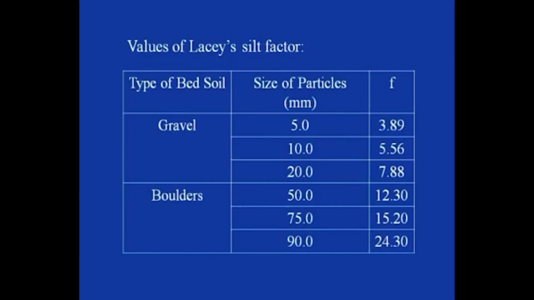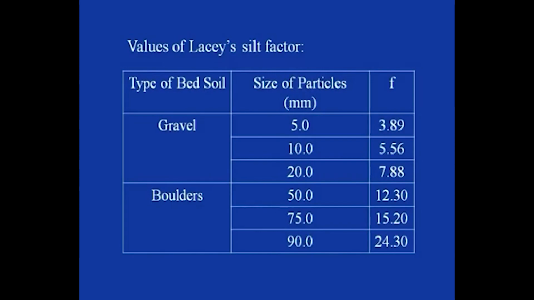Now, in continuation of this table, there are two other types of bed soil material, that is gravel and boulder. As we all know, the size of particles will be quite high in case of gravel and boulders.